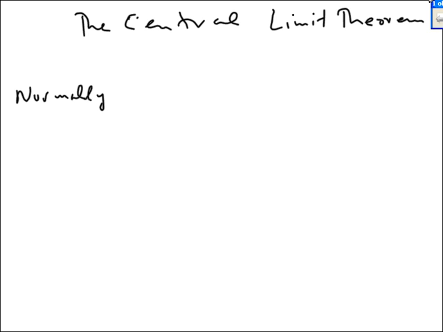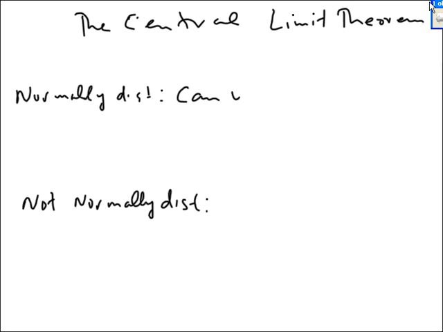Normally distributed and not normally distributed. If it's normally distributed, you can use the central limit theorem for any sample size, for any sample size n.